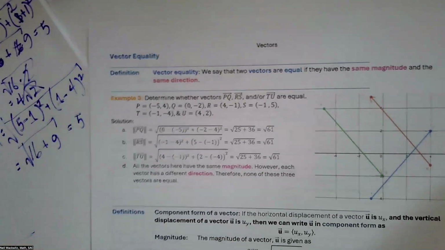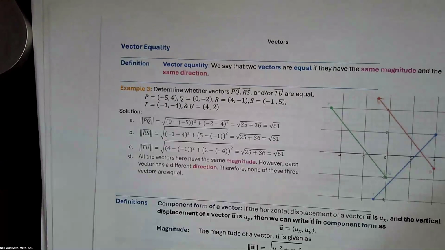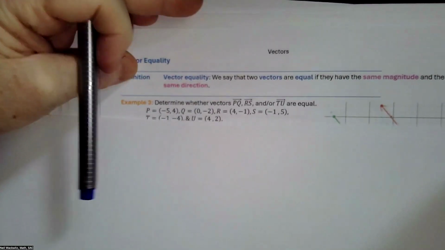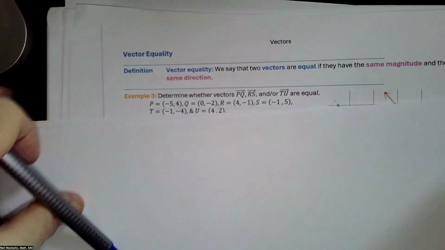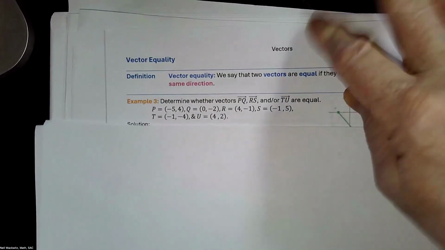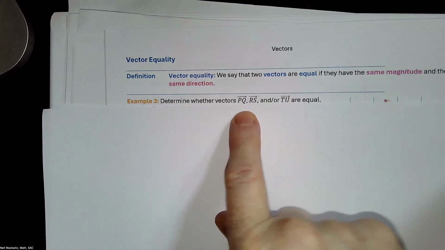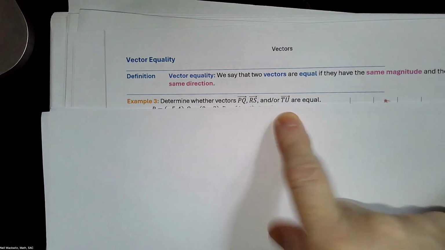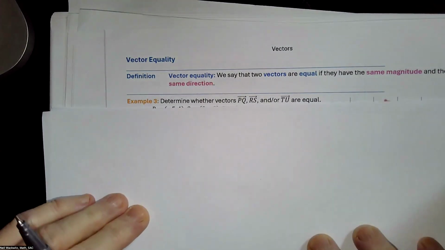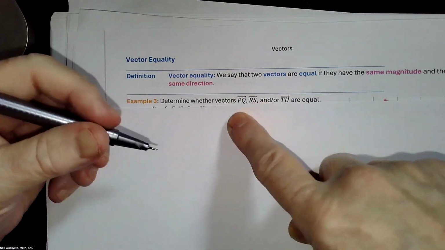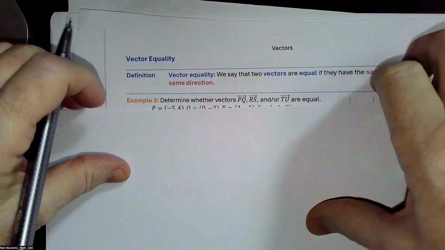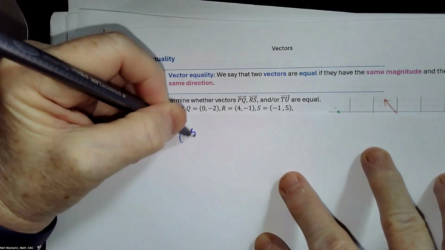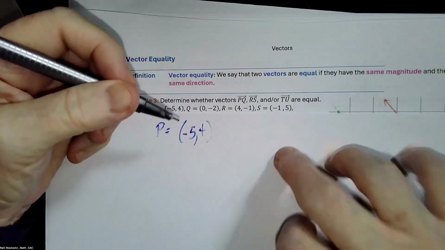Two vectors are equal or equivalent when they have the same magnitude and the same direction. So now we're given 3 vectors, PQ, SR, and TU, and we want to see are any of them equal to any others. So let's see. We've got P is negative 5, 4.